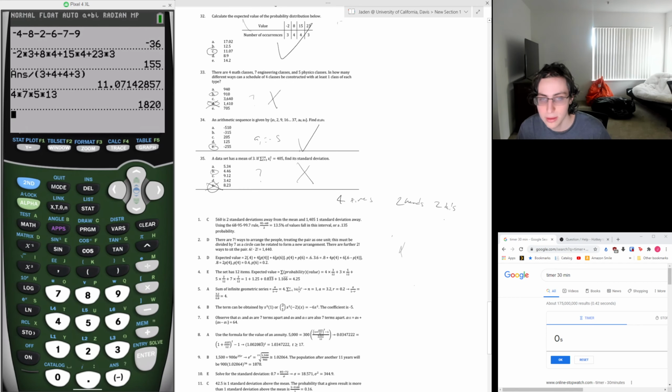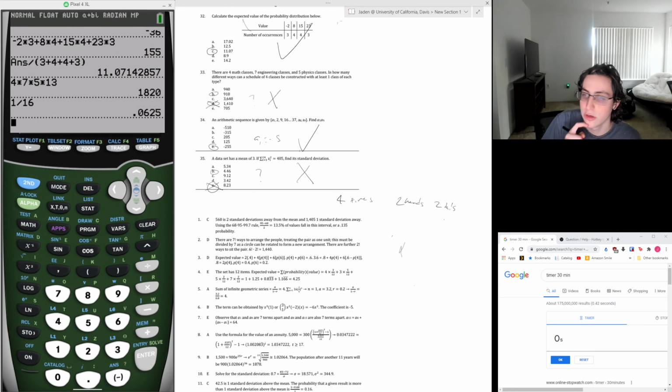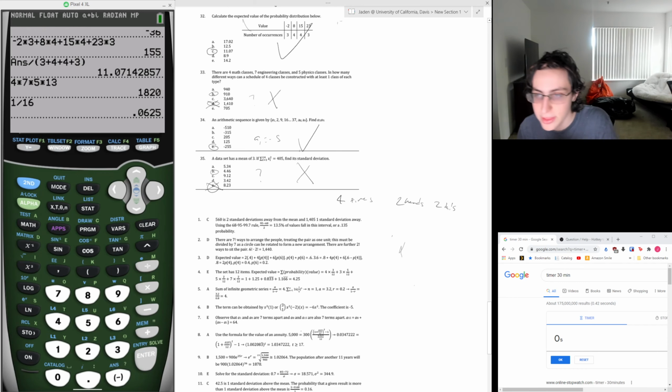Now I could say, okay, well, that's simple. 0.5 times 0.5 times 0.5 times 0.5, right? Which gives us 1/16. But that is actually not the correct answer, because that assumes a specific order of events happening.